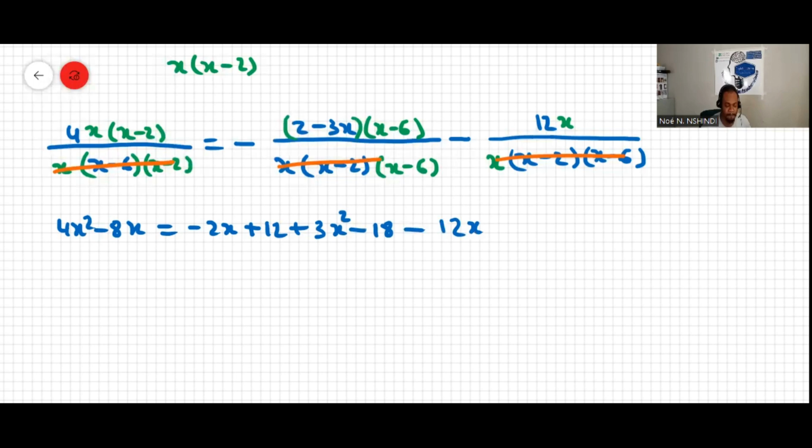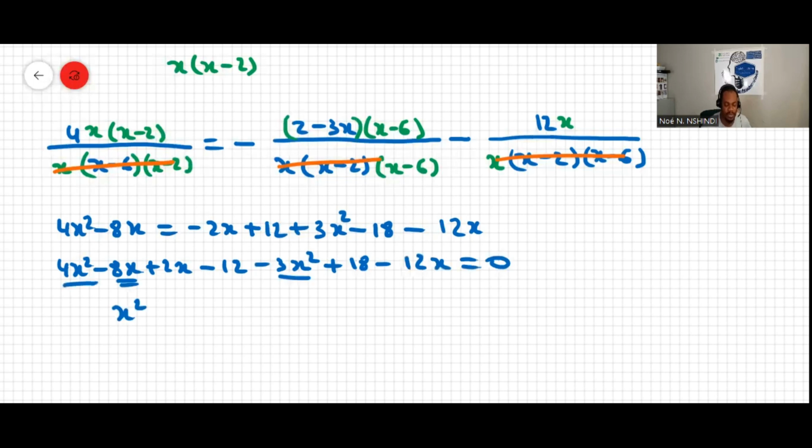Now let's combine like terms, or we can move everything to one side. That becomes positive 2x minus 12 minus 3x squared plus 18 minus 12x equals 0. Now combining like terms, this and that makes x squared.